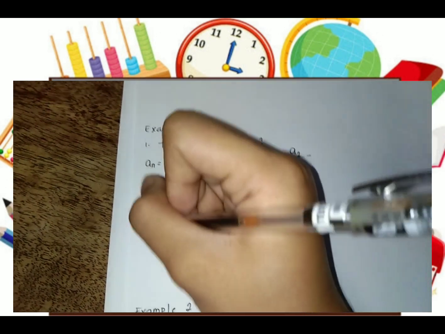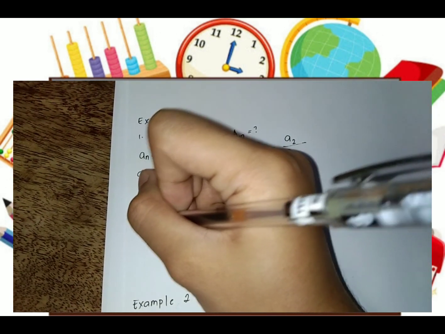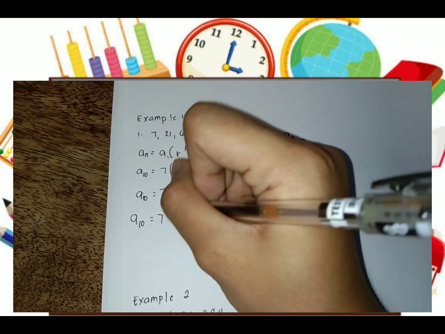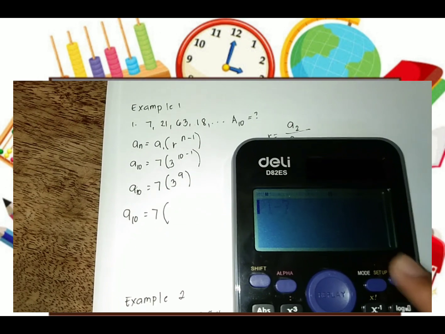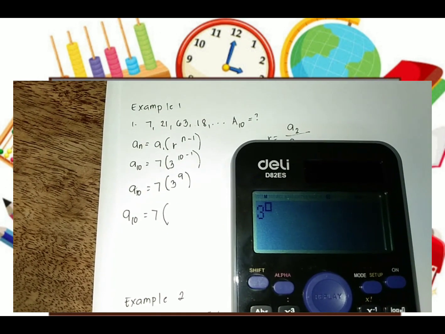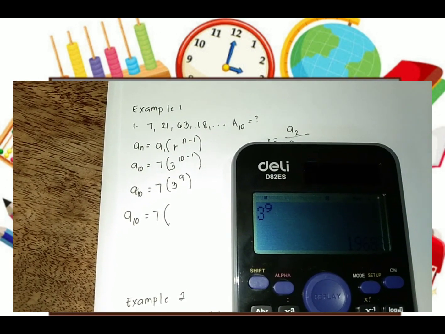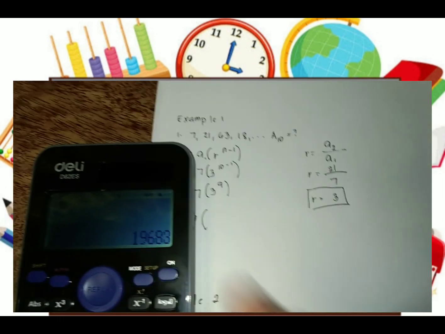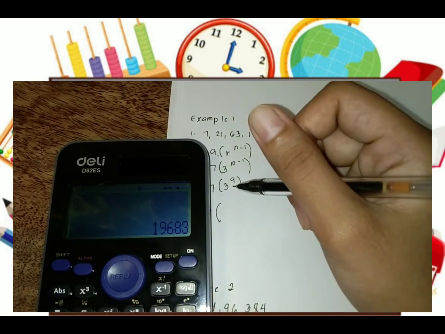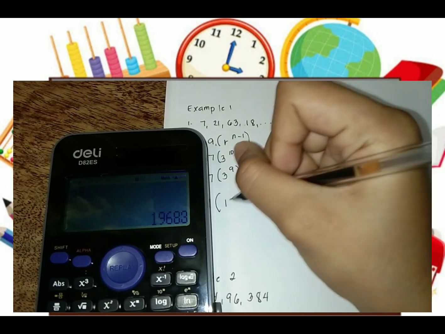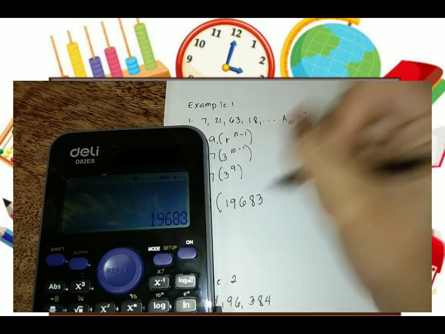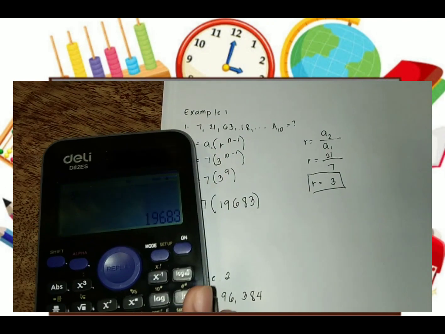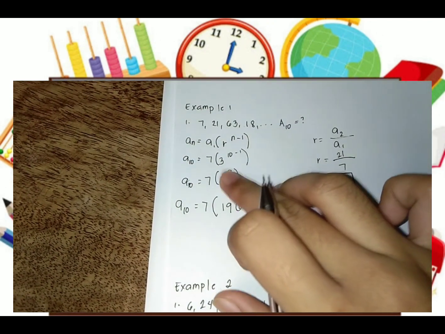So a sub 10 is equal to 7 times 3 raised to 9. Let's solve this. 3 raised to 9 is equal to 19,683. This is the answer here.